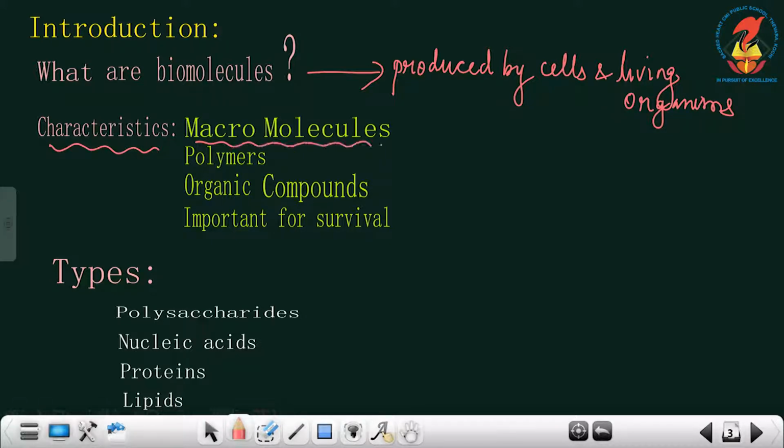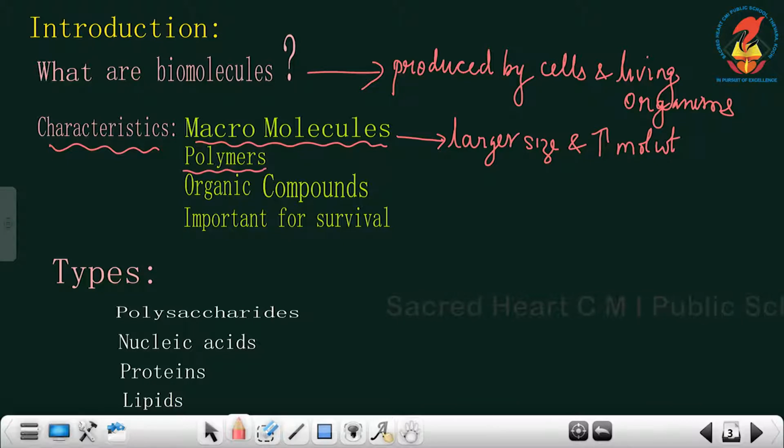Biomolecules are macromolecules. Macromolecules, in contrast to micromolecules, have larger size and high molecular weight. Second feature, these are polymers. Polymers are chains of repeated units called monomers.